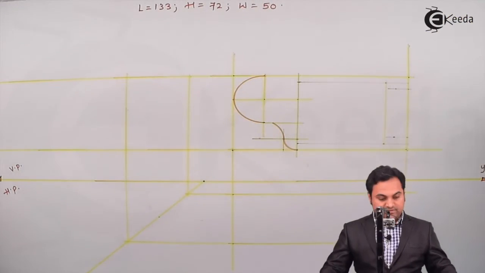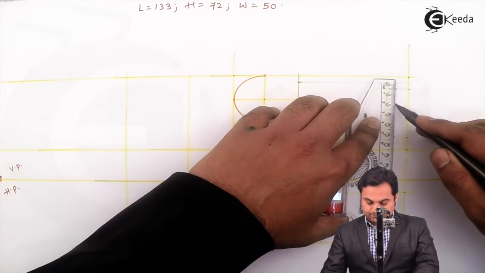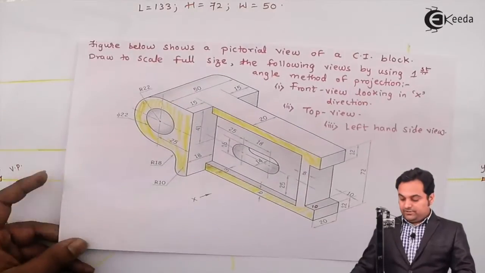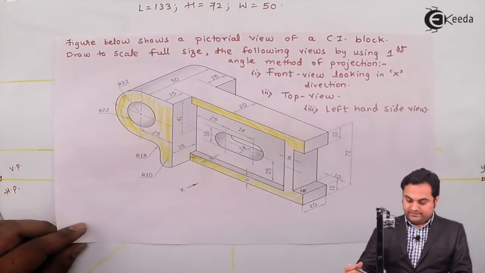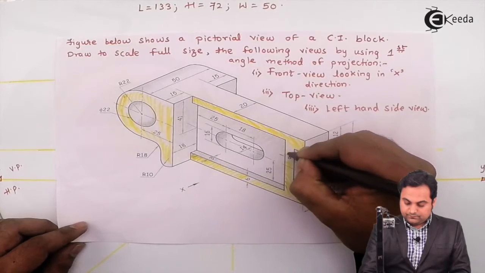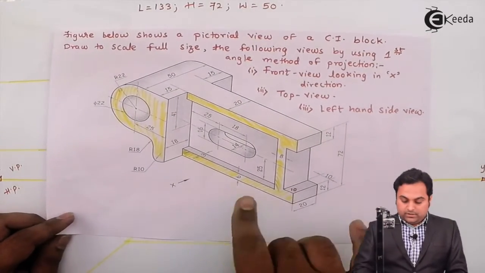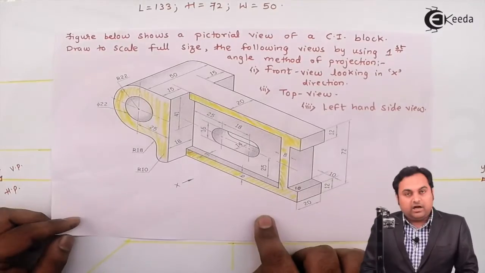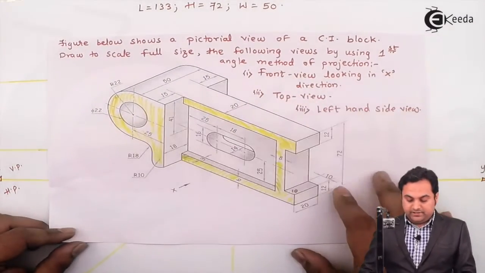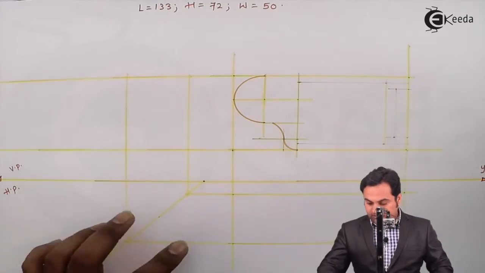Joining them will give me that surface. After reaching up till here, I have drawn this entire surface light. Then I'll just go on making them dark because we have to draw the front view here, and to avoid any kind of confusion, here we can slightly go on making everything dark.